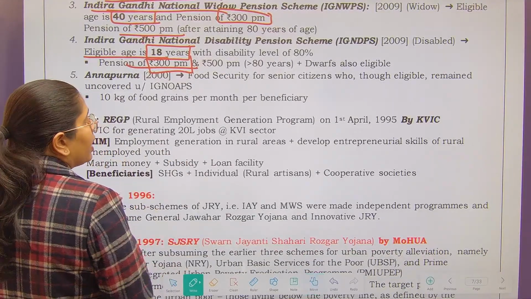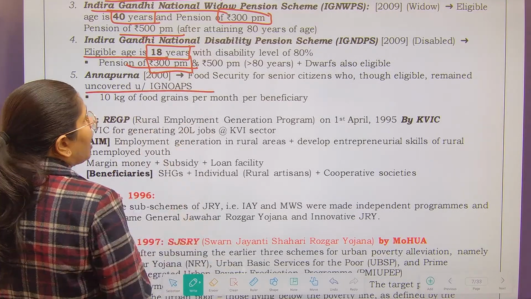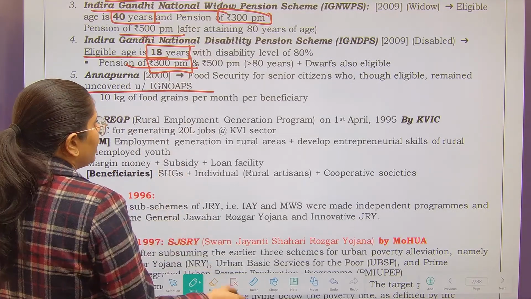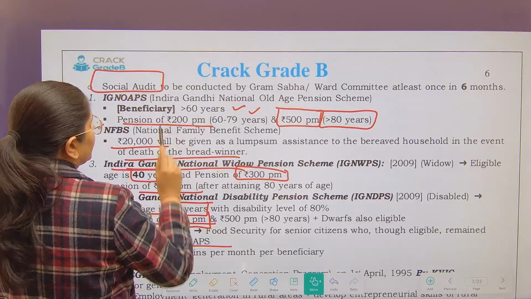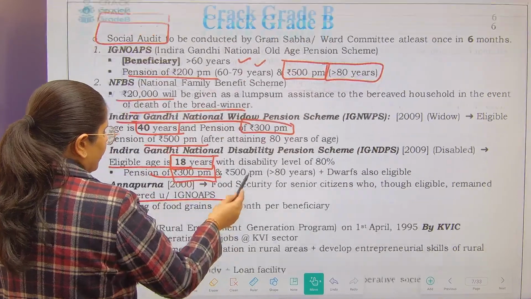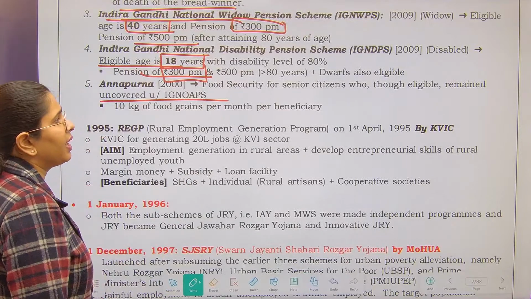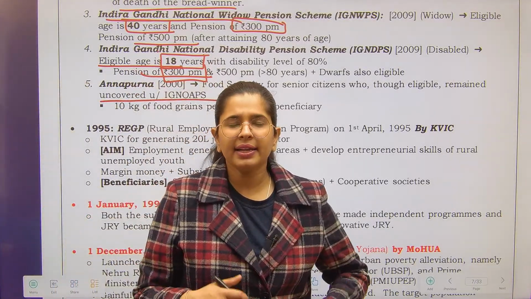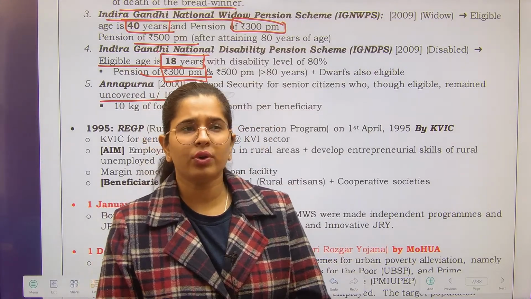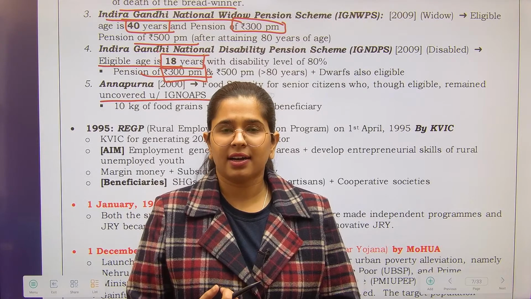Next is Annapurna. This is food security for senior citizens who remain uncovered under the Indira Gandhi National Old Age Pension Scheme. If they are not getting any benefit under the old age pension scheme, then they will be getting benefit under this particular Annapurna scheme. The intention behind this is that you cannot be a beneficiary of all the schemes under government.